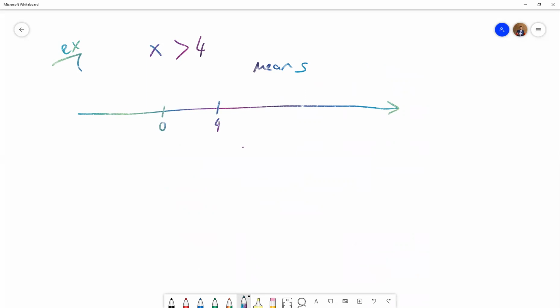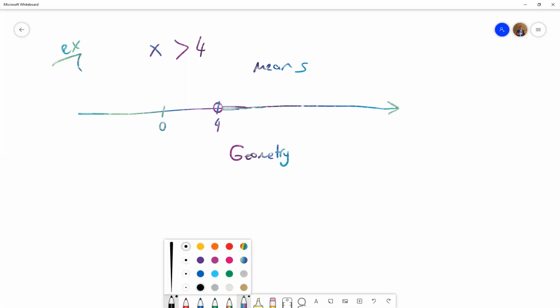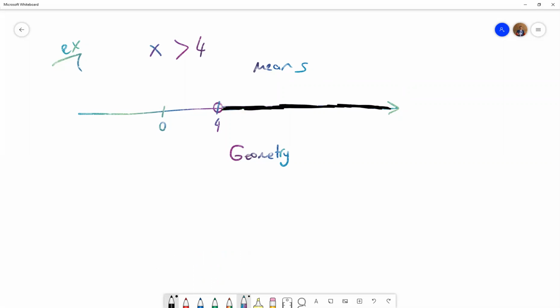So in geometry, we have an empty 4, and the answer is this place from here up to infinity.